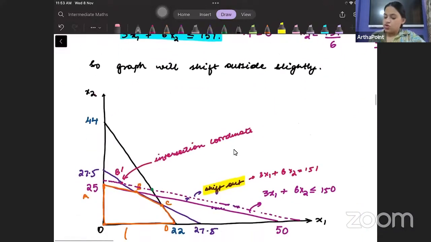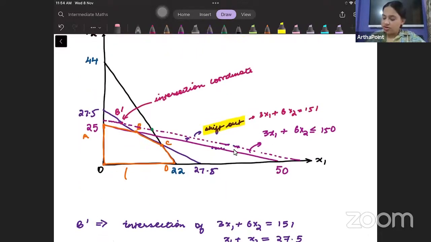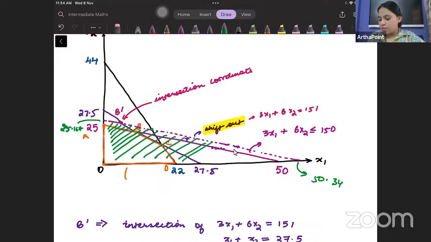So the graph will shift outside, gradually a bit outside. If you see this dotted line, this is my new line. It has this point as 25.167 and this point as 50.34. ये इसके नए points हो गए बेटा. So now I will start shading from this line towards the origin like this.